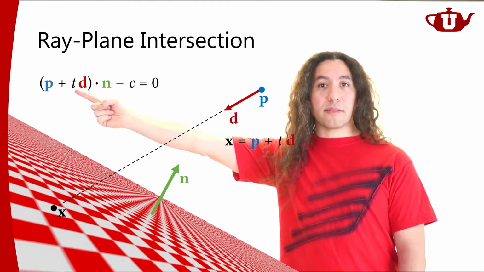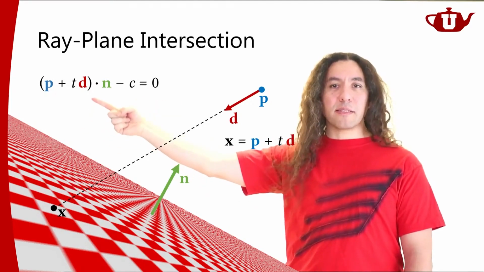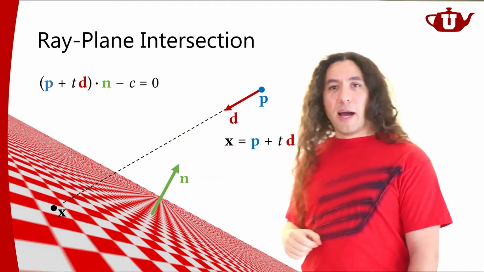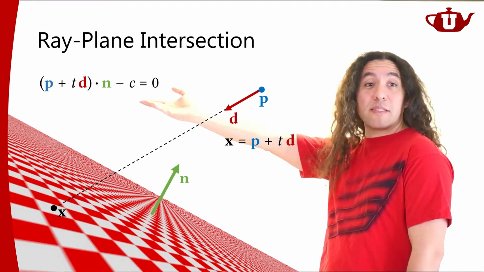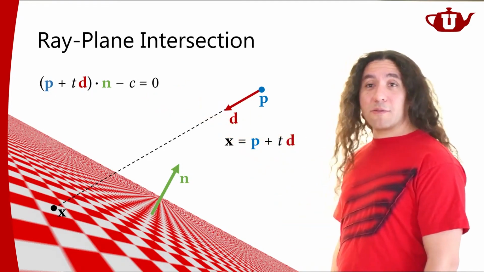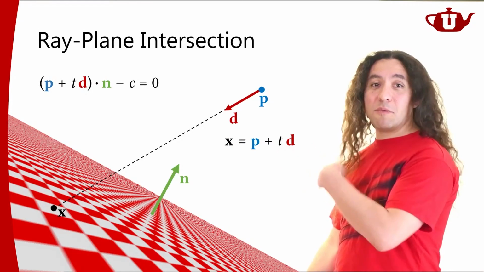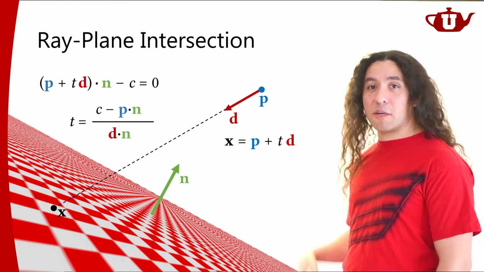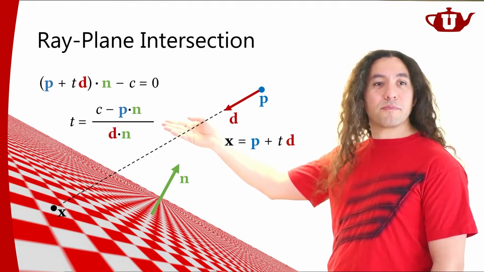I know p, I know d, I know n, I know c, I know everything else. I just don't know t. As you can see in this case, this is a linear equation. There's nothing complicated here. I don't even need a quadratic formula. If you just move things around with some very simple algebra, you can find that t is supposed to be this.